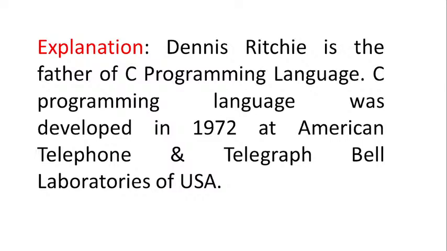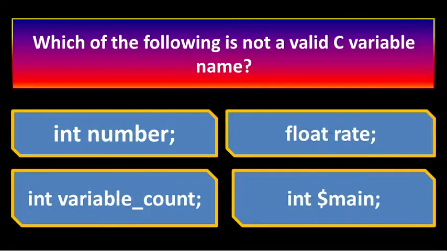The next question is, which of the following is not a valid C variable name? The options are: int number; float rate; int variable_count; int $name; So from these four options you have to select the wrong answer, meaning not a valid C variable name.